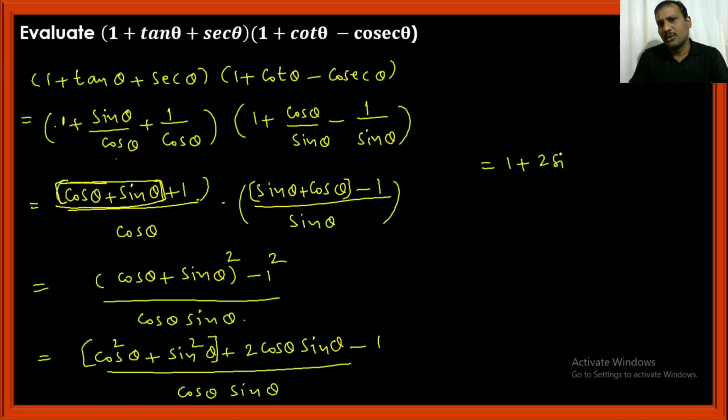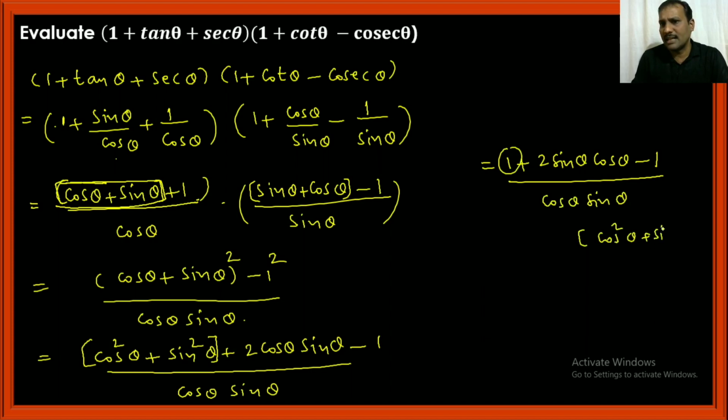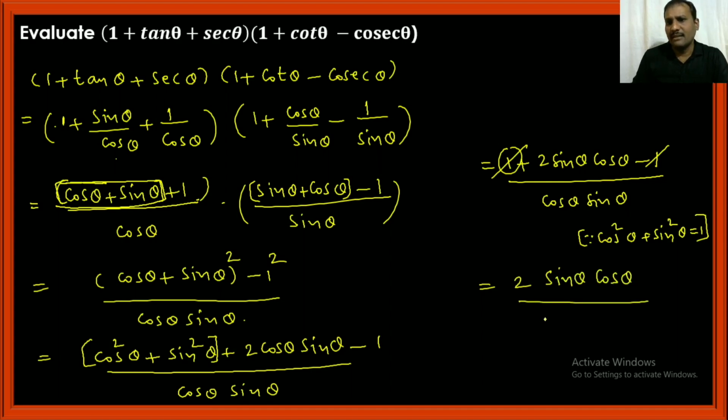So 1 plus 2 sin theta cos theta minus 1 by cos theta sin theta. Why did we write this one? Because cos square theta plus sin square theta is equal to 1. Now this 1 and minus 1 get cancelled. What is remaining? 2 sin theta cos theta by cos theta sin theta. Now sin theta cancels, cos theta cancels. We are remaining with 2. So that is the answer.